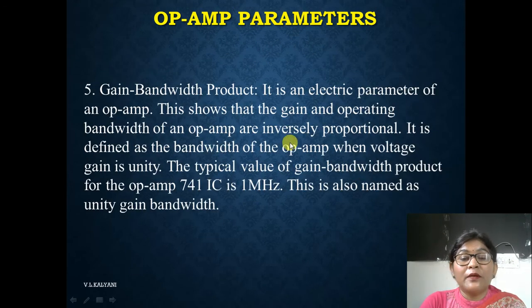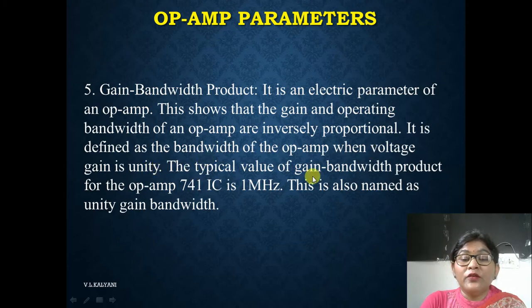The last parameter is the gain bandwidth product. It is an electrical parameter of an operational amplifier. This shows that the gain and operating bandwidth of an operational amplifier are inversely proportional. It is defined as the bandwidth of the operational amplifier when the voltage gain is unity.